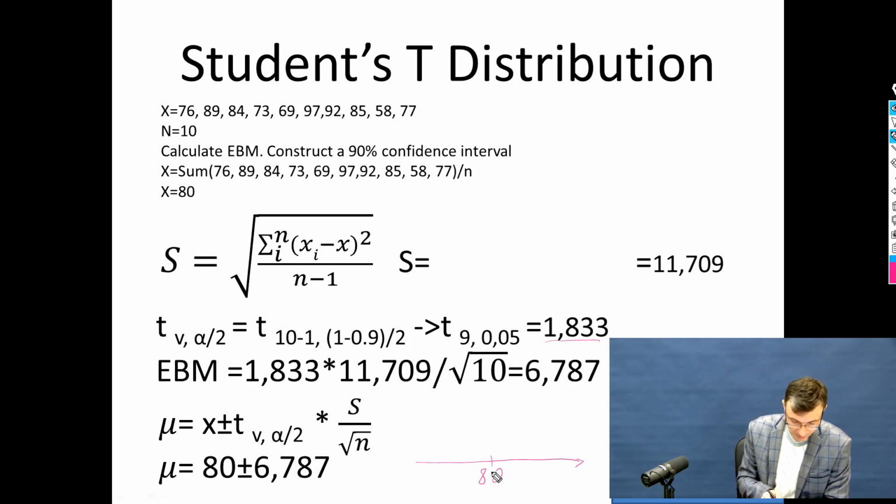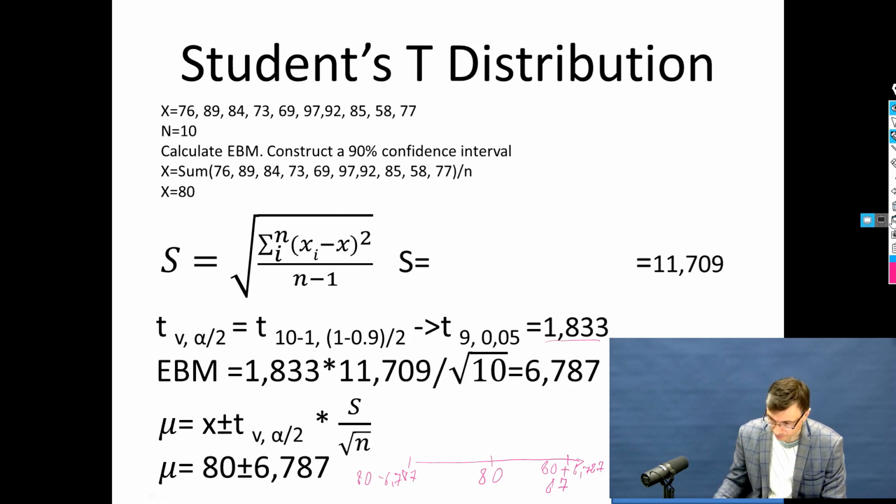This is our mean, and then we have $86.787.